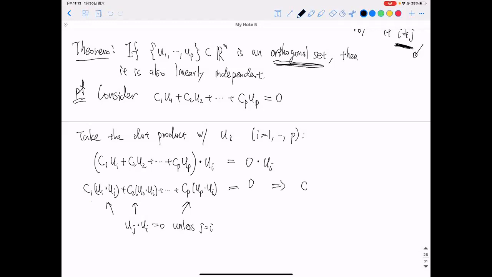So the only term that's not 0 on the left-hand side is CI UI dot UI, and that's equal to the right-hand side, which is 0.